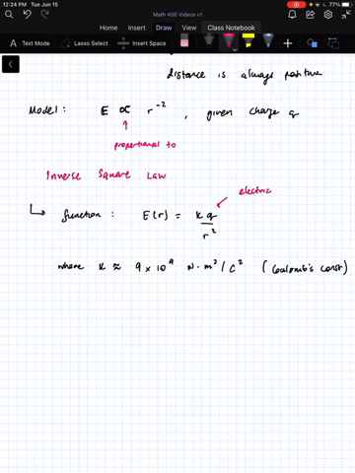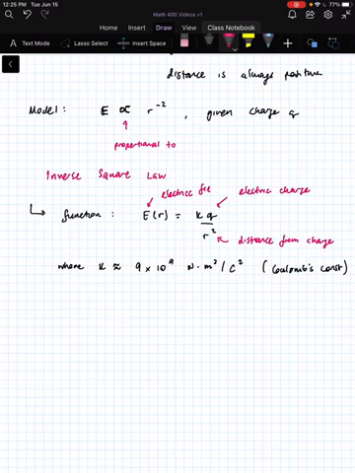So there is everything that's showing up. So we have charge. So electric charge. Of course, it should depend on that because, if there's no charge, then there's no electric field. Here's the distance from the charge. And this is electric field strength.